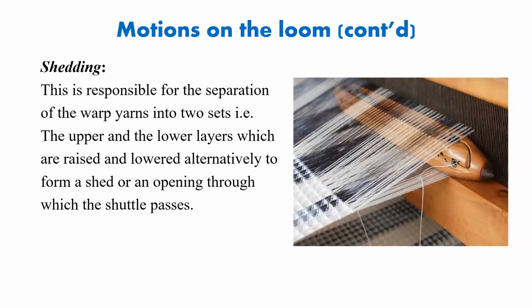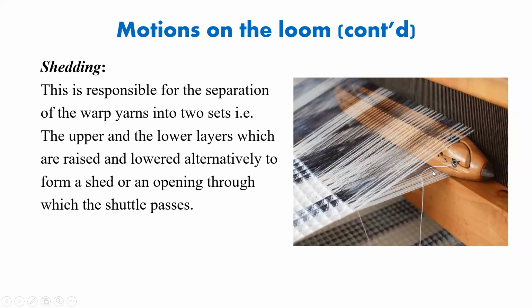This one will be so easy when we go to the loom. So when you start the practicals, these things will be very simple for you to understand. The upper and the lower layers are raised and lowered alternately to form an opening through which the shuttle passes. So what you see here, you have one layer up, then another layer is down.